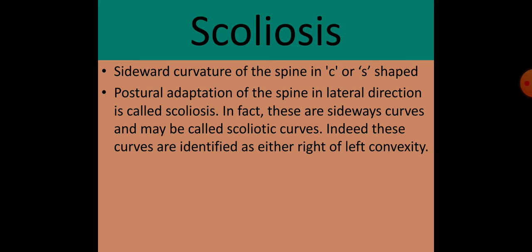Postural adaptation of the spine in the lateral direction is called scoliosis. In fact, these sideways curves may be called scoliotic curves. Indeed, these curves are identified as either right or left convexity.